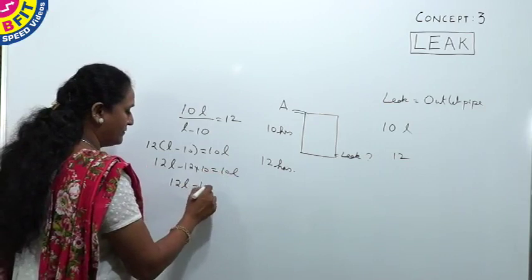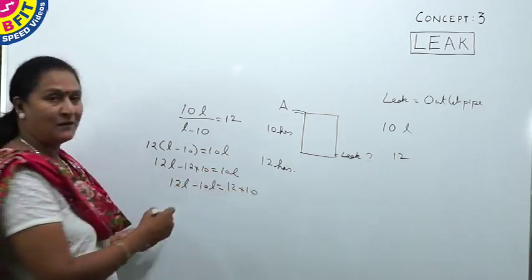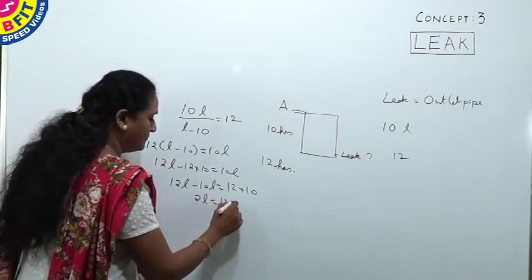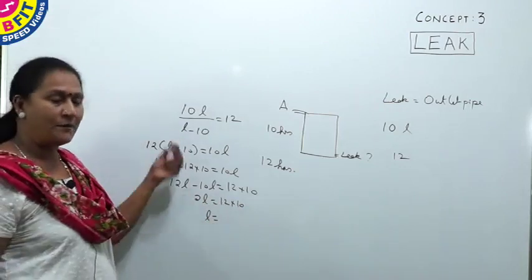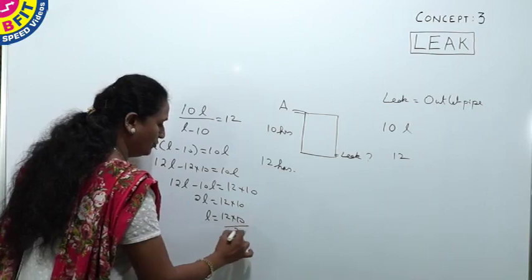So after simplifying this, 12 minus 10 it is 2L. Now L, so what is the time taken by the leak to empty the whole tank? It is 12 into 10 by 2.